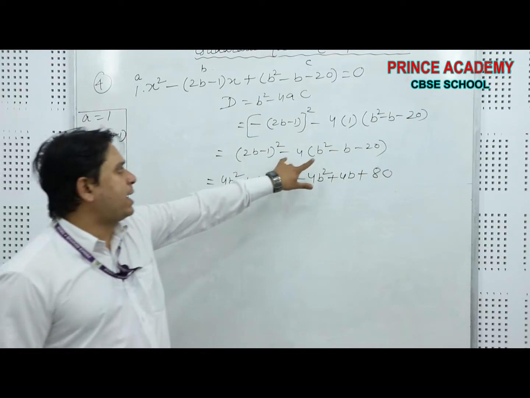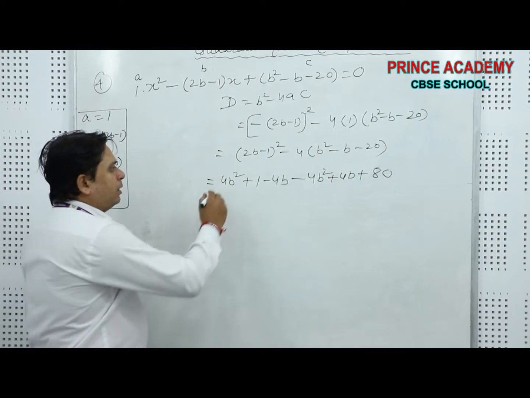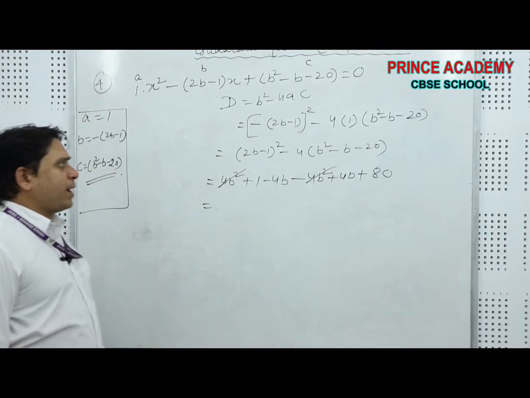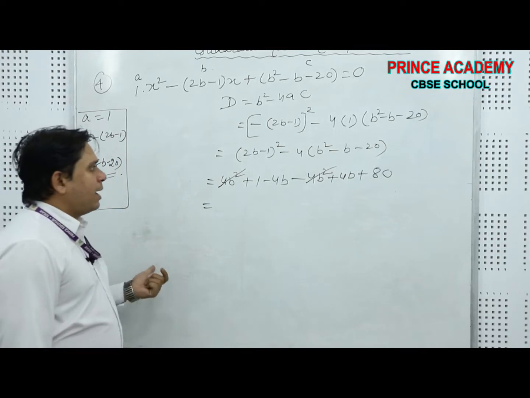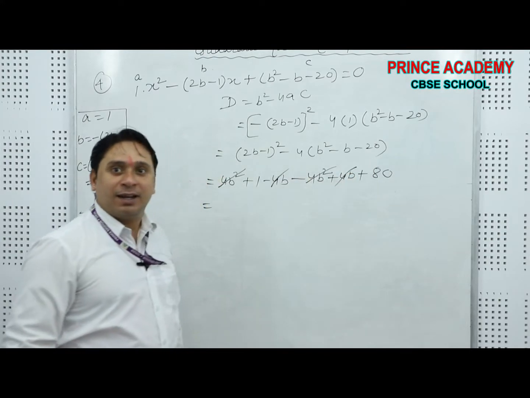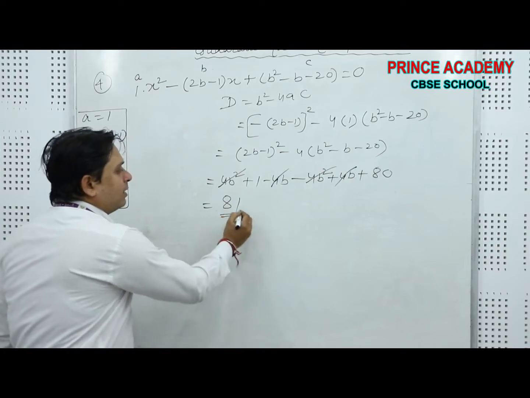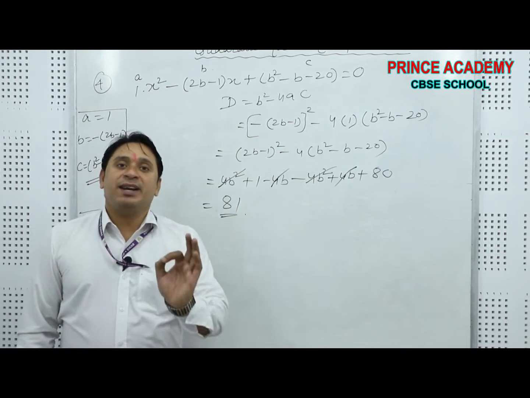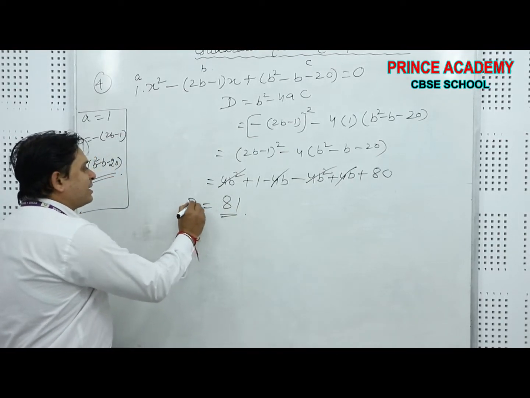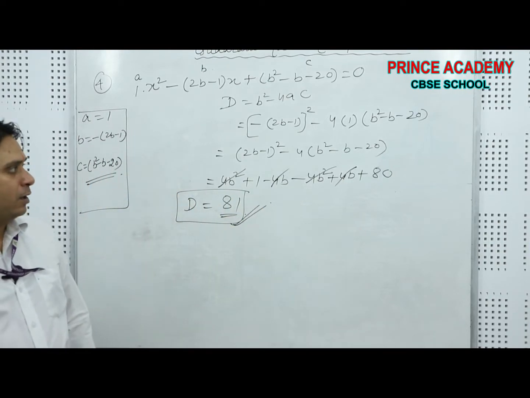Minus 4b square plus 4b plus 80. Now try to solve it. I think this is removed. 4b square minus 4b square. And anything is pending. 4b is cancelled with 4b. Done. Only 1 plus 80, that is 81 is here. And what is this? This is your D. Okay.